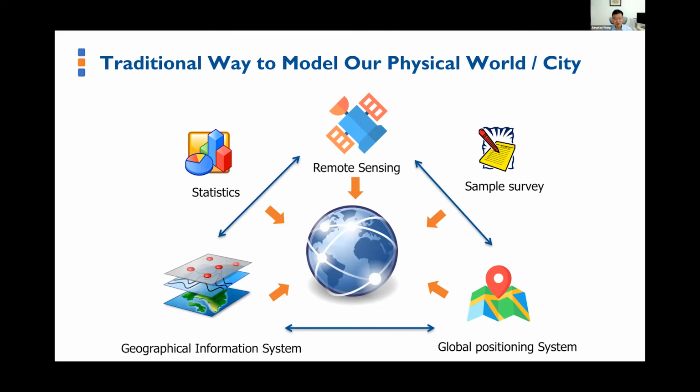The traditional way to study or model our world is to use remote sensing techniques, GIS and GPS, coupled with statistics and sample surveys to better understand our physical world.